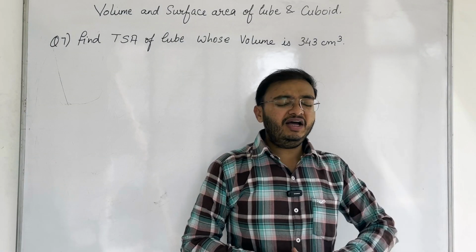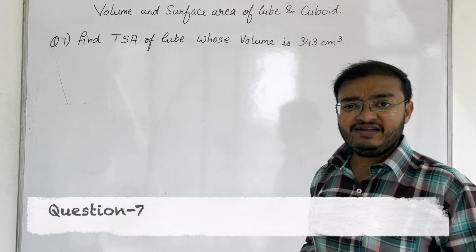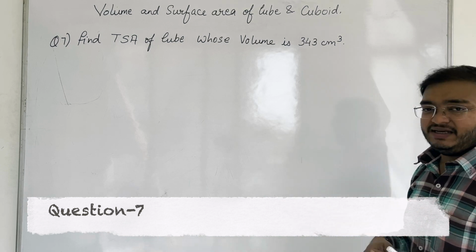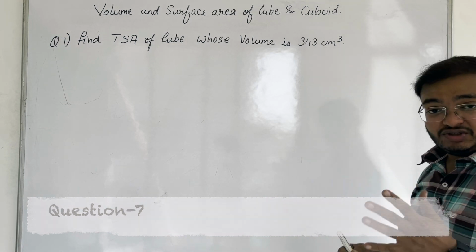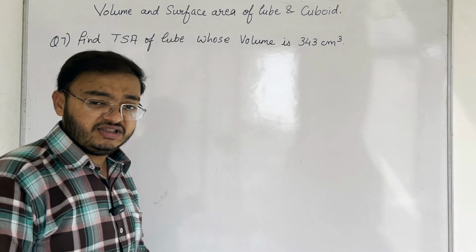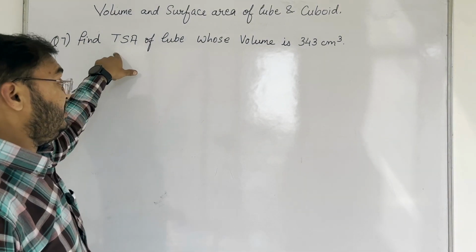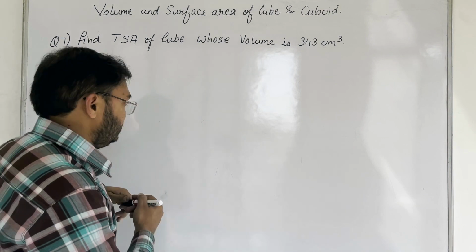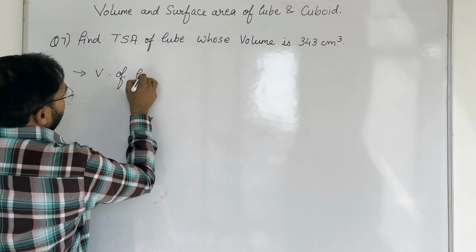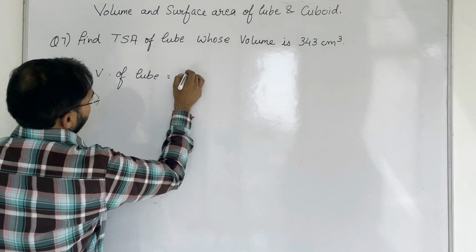So here we are with question 7. Question 7 says that we have to find the TSA of a cube whose volume is 343 centimeter cube. That means from the given data we will always start solving the questions. Here we have to find TSA, but volume is given to us. So we will start with volume. So volume of cube formula is side cube.